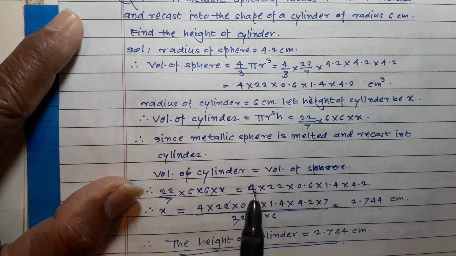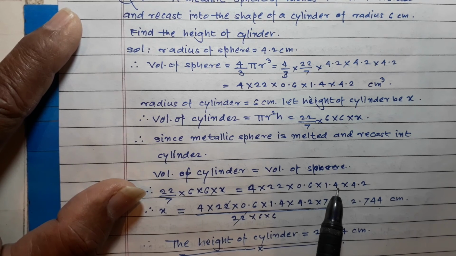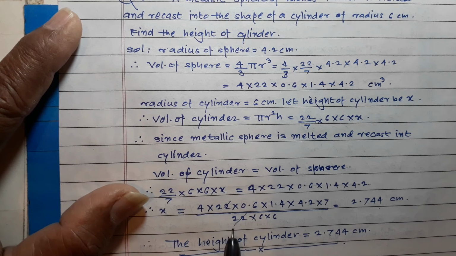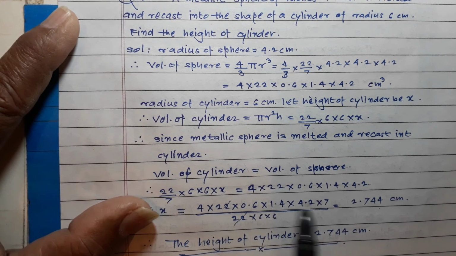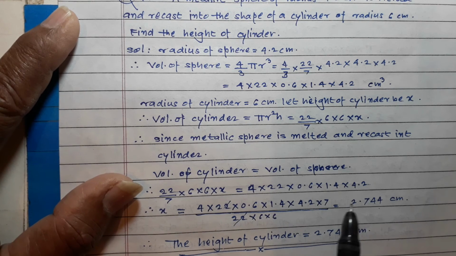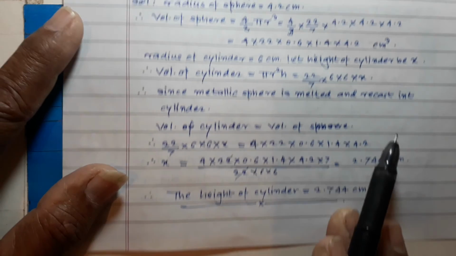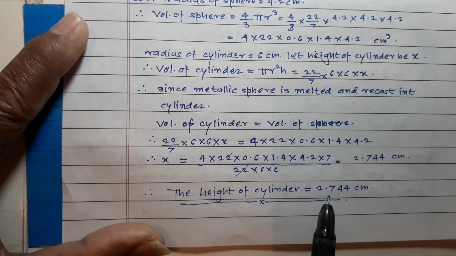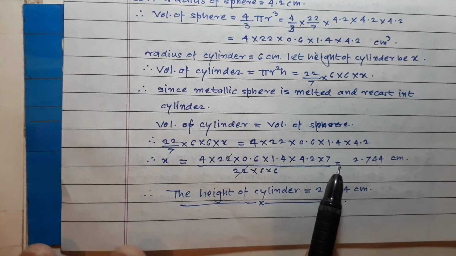Therefore x is equal to 4 into 22 into 0.6 into 1.4 into 4.2 into 7 upon 22 into 6 into 6. Simplify this, you will get x is equal to 2.744 cm, and therefore the height of cylinder is equal to 2.744 centimeter. Okay.